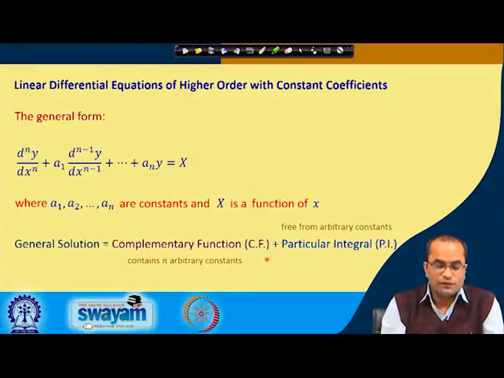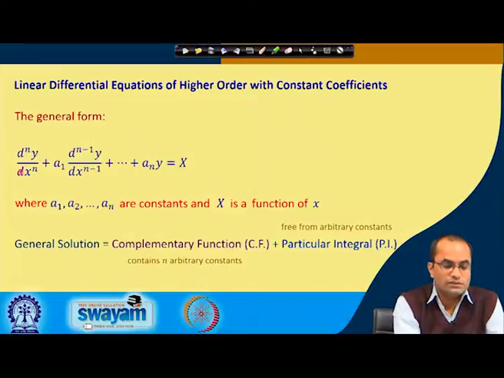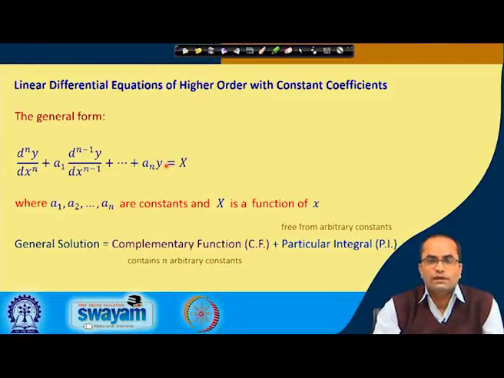So this is one way of getting the solution of such a non-homogeneous equation. When X is not 0, we call it a non-homogeneous equation. When X is 0, we call it a homogeneous differential equation.